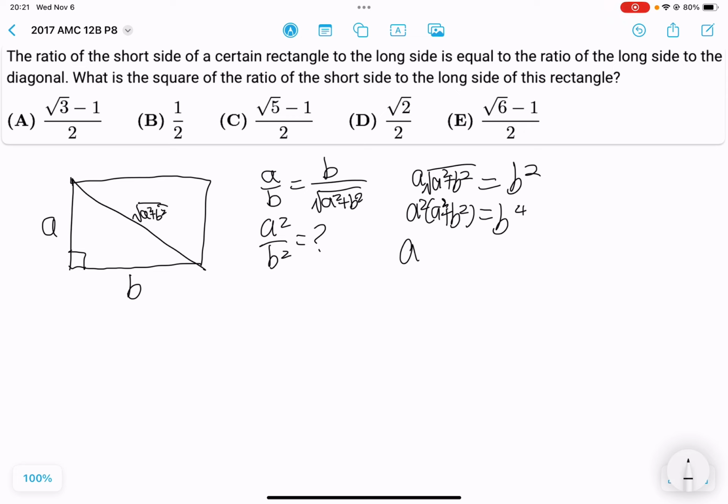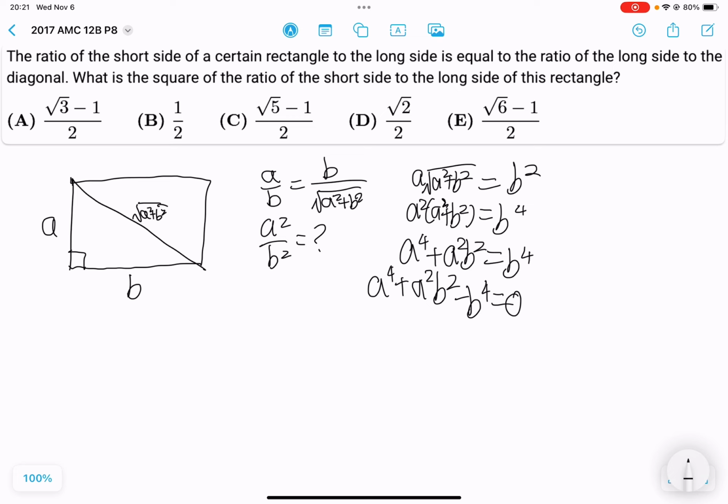We can therefore expand this, and we move B to the power of 4 to the left hand side as well. And now we're left with this really complicated, well, not really complicated, but unsolvable power to the 4 equation.